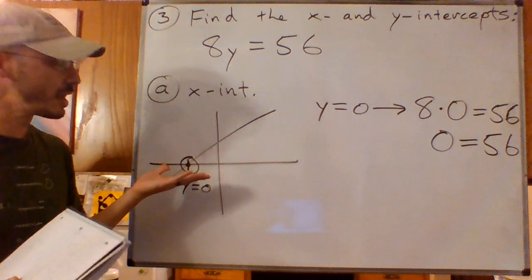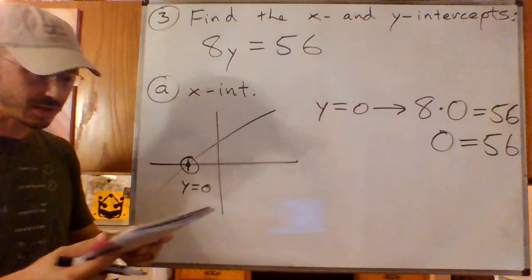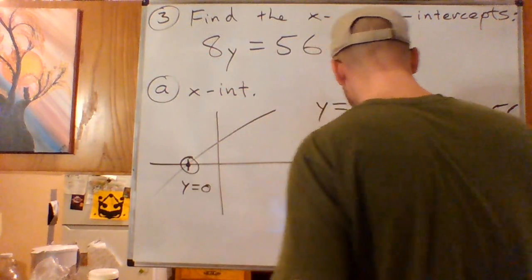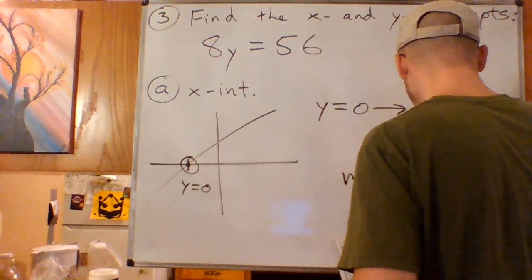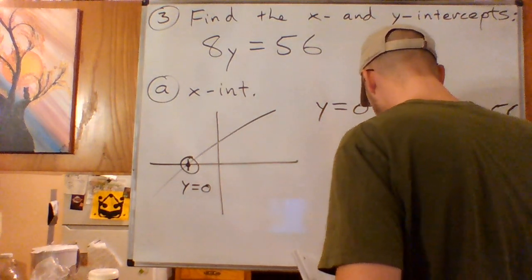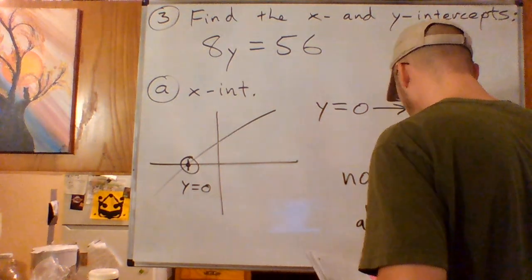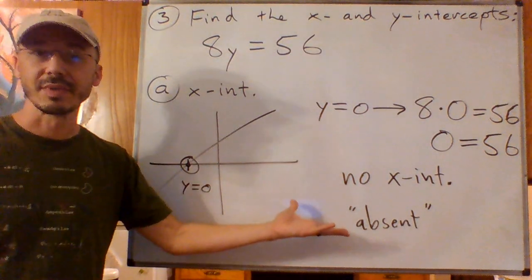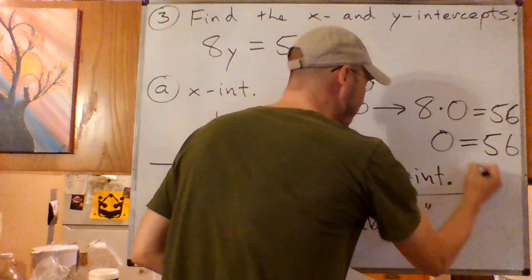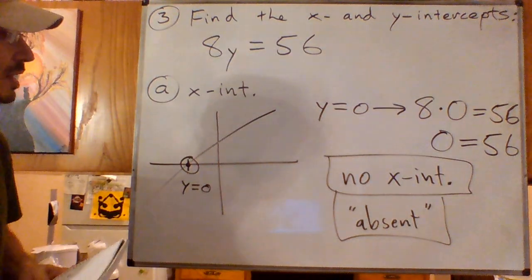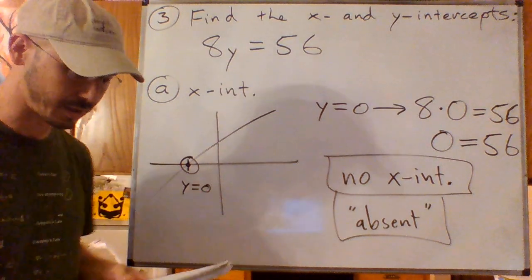There is no x-intercept. And so the answer here is no x-intercept, or the x-intercept is absent, is another way to say that. However Hawks is asking for your answer, it's probably a little box, a little bubble that you click.